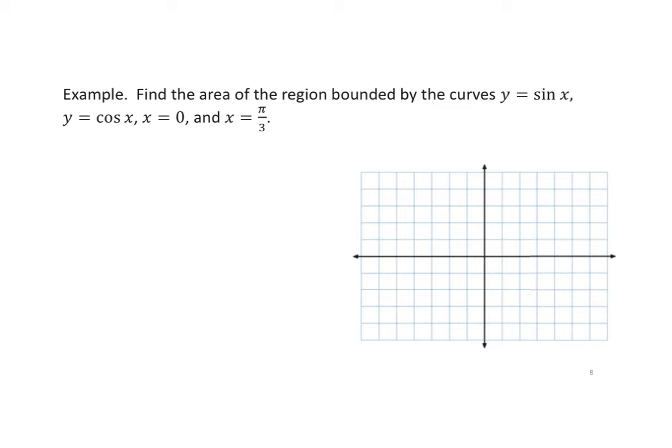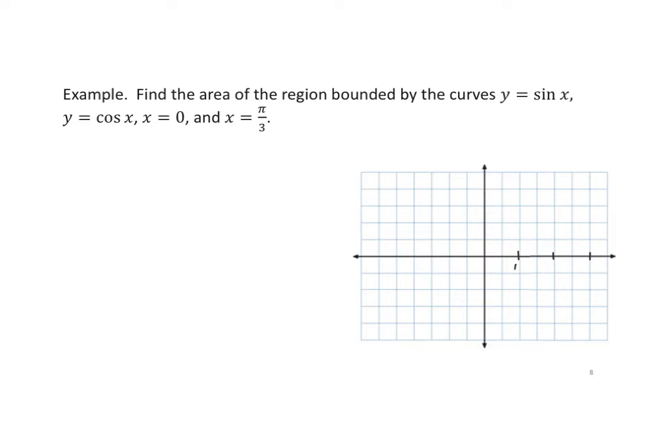Now, because these are trig functions, I'm going to think of my tick marks on the x-axis as being multiples of, let's say, pi over 6, just to be on the safe side. Actually, just so I can see the graph even better, maybe I'll make every other tick mark pi over 6, so we don't have to do the zooming in thing anymore.